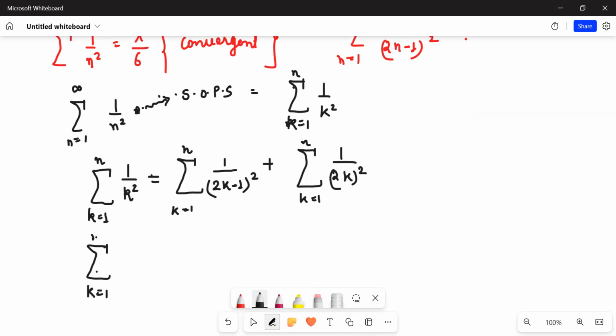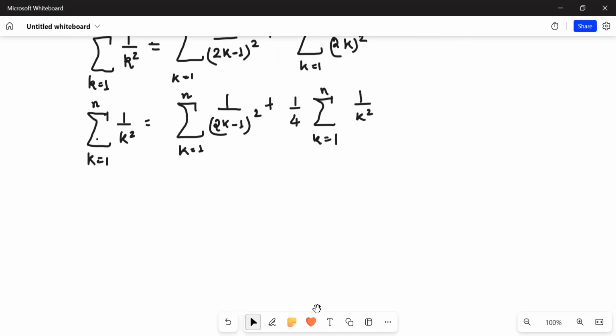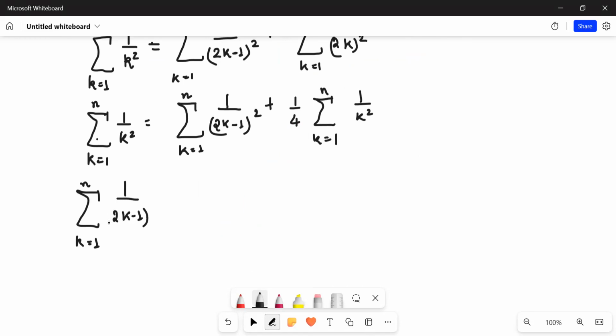For the even terms, 2 square common out, that's 1 upon 4, summation k equals 1 to n 1 upon k square.